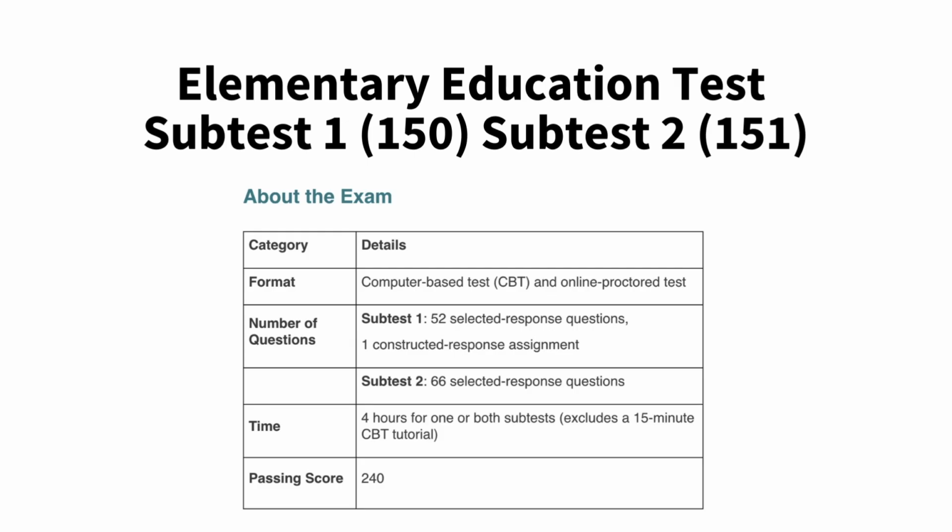Now, the elementary education test includes 2 different subtests. This video lesson focuses on subtest number 2. And if you still need to take subtest number 1, make sure to watch our practice test video labeled for subtest number 1. While taking subtest number 2, you will receive 66 selected response questions, which are all multiple choice questions.